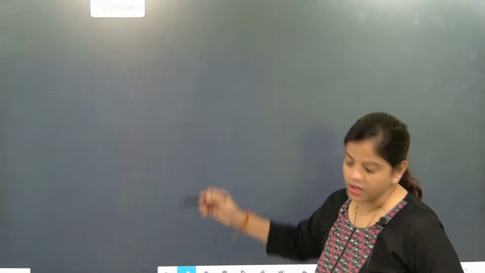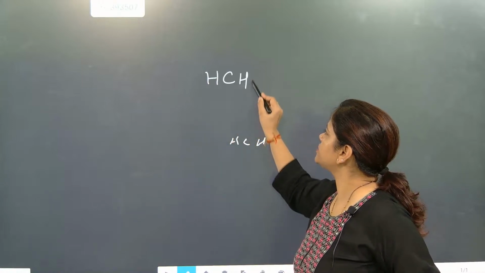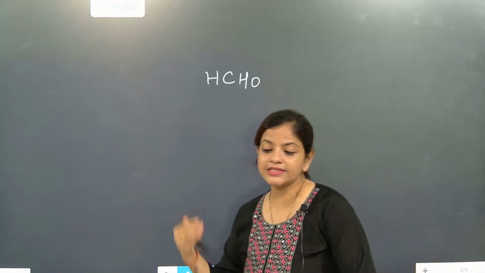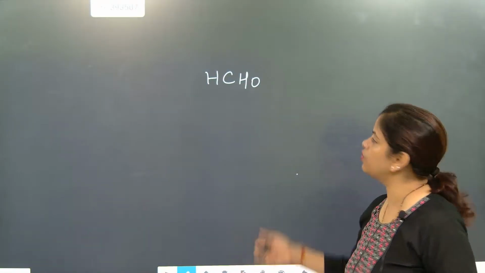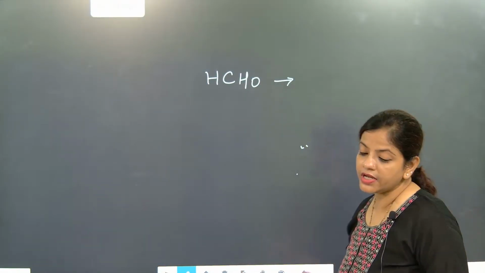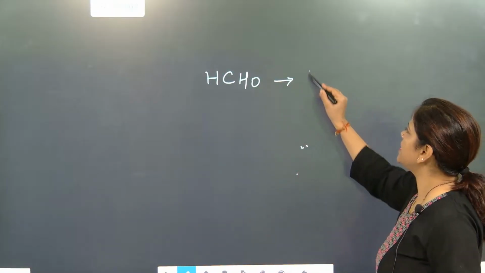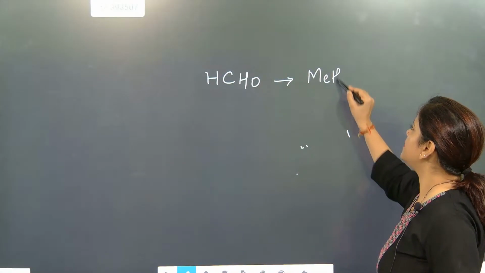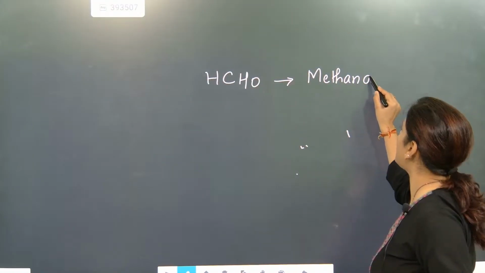Now look here, beta. If somebody asks you about HCHO, in IUPAC naming it will be called what? Methane. We are going to remove the E, and what do we add?